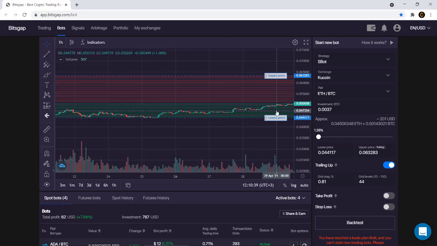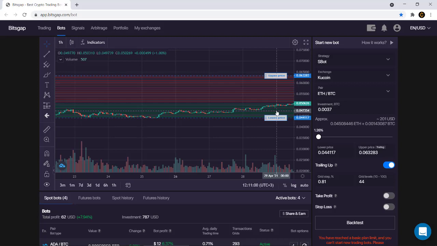In other words, when the grid bot starts, I'll have a certain amount of Bitcoin and a certain amount of Ethereum in my account, and there'll be all these limit trades that trigger when the value of Ethereum reaches a certain value.